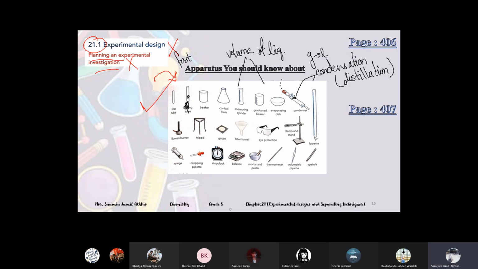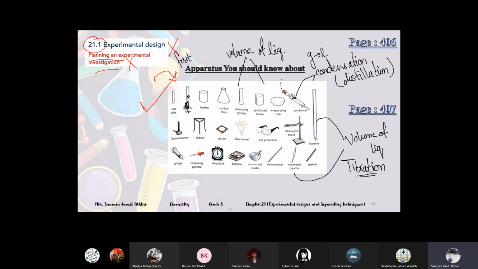Then we have the burette and pipette, volumetric pipette. These two apparatuses are also used to measure the volume of liquids, and they are specifically used in the process called titration. Now, titration is a method to do neutralization.